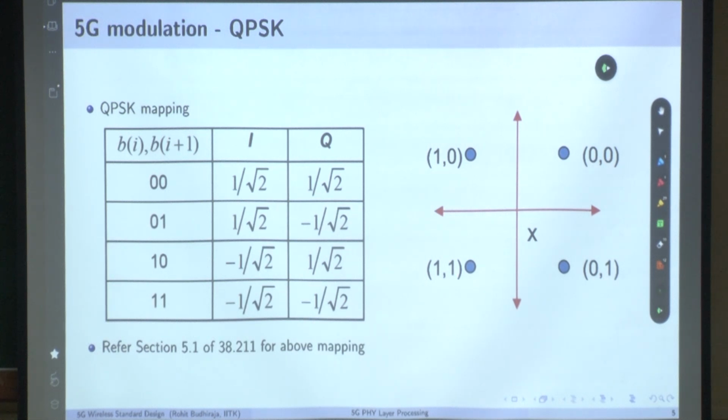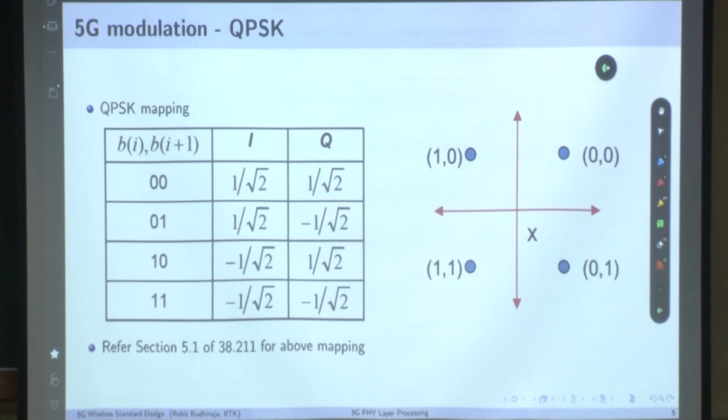The simple reason for gray mapping is that if you make an error, if the symbol moves from here to here, only one bit goes into error. If you don't do gray mapping, 2 bits go into error. Most of us understand this, but I am formally introducing it. For all the modulation schemes, gray mapping is done for this precise reason.